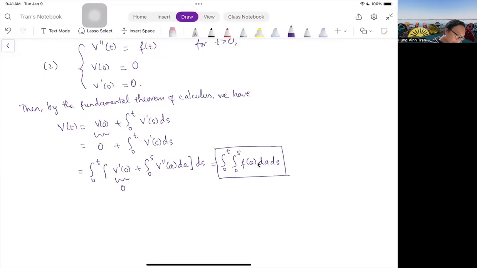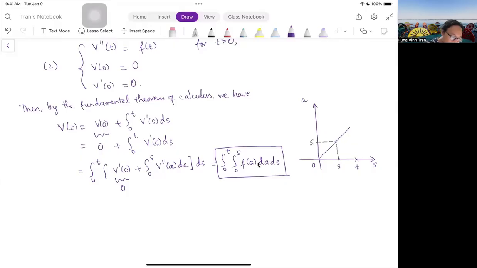So let me draw the picture of the domain of integration. I label this axis s and this axis a, because we do da ds. So we know that s is running from 0 to t, and for each given s here, a is running from 0 to s, so a is going from here to here.